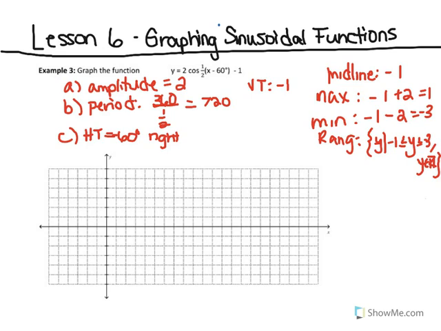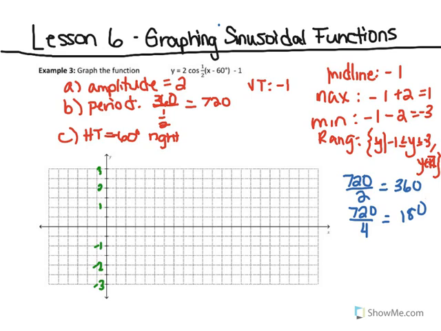So some important information. Our period length is 720. That means that half of it is 360. And a quarter of it is 180. Now, because we're starting at 60, that's going to also affect things as well. So first let's put in our units. So up and down we can go 1, 2, 3, -1, -2, -3.